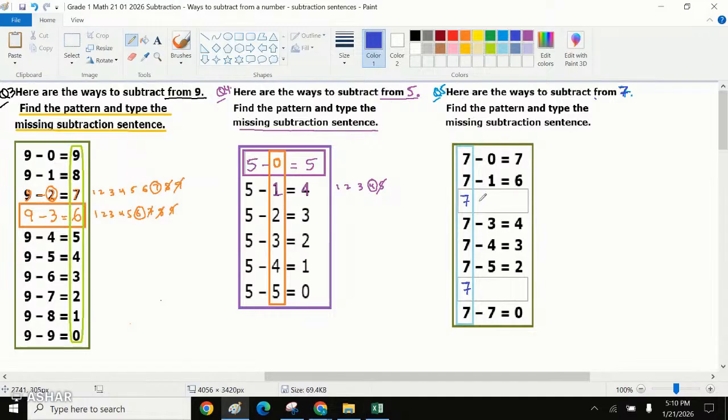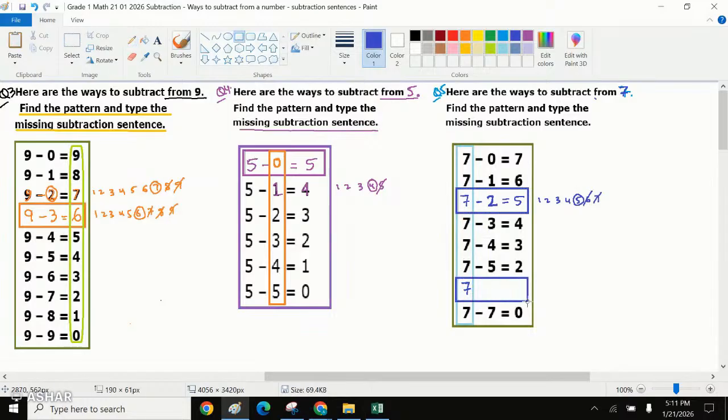That means 7 minus 1 was the previous, then this should be 7 minus 2 is equals to, we can simply find 1, 2, 3, 4, 5, 6, and 7. So if we subtract 2 from 7, we are left with 5. And moving down, what we can see is 7 minus a number, right?